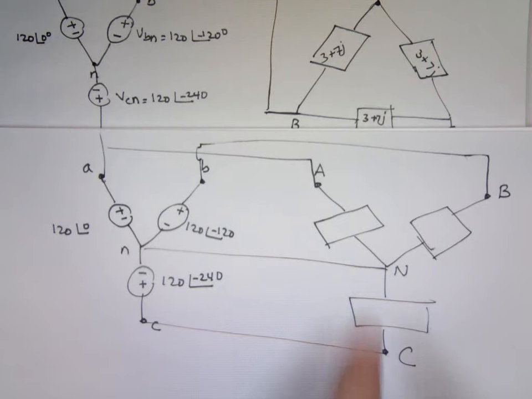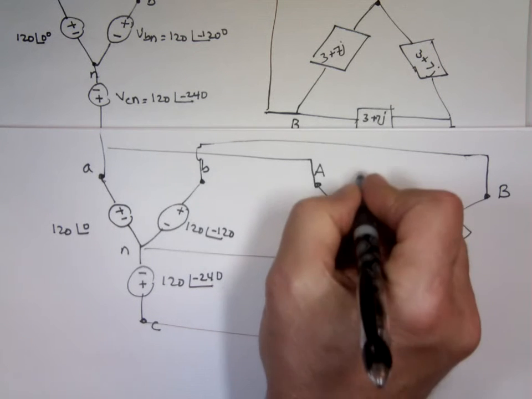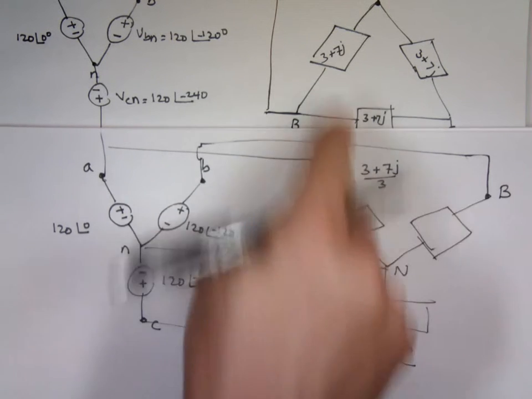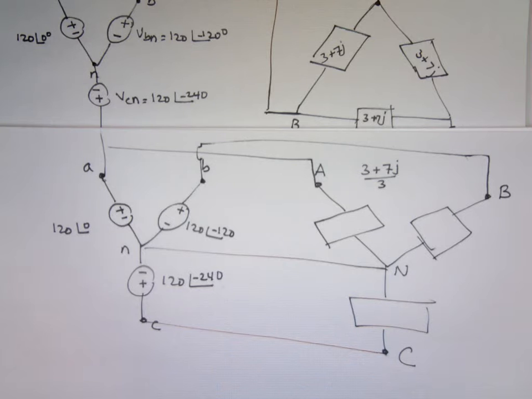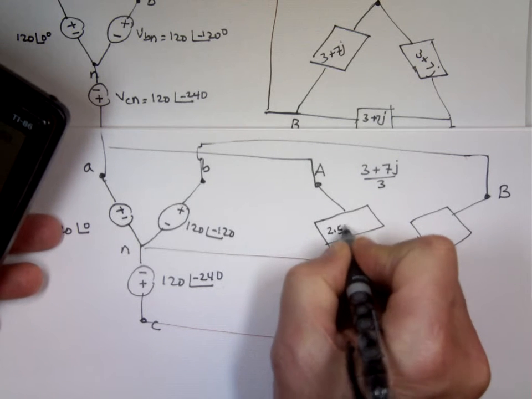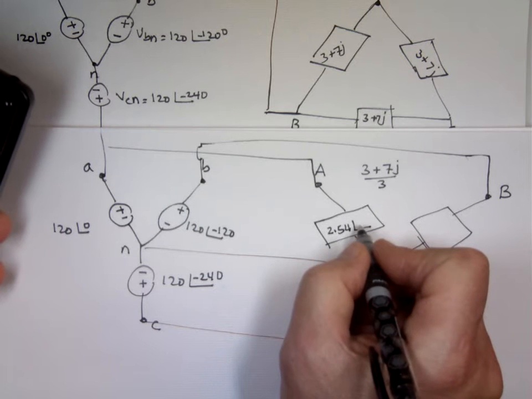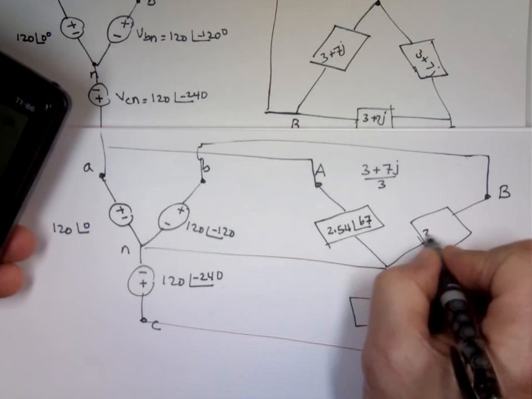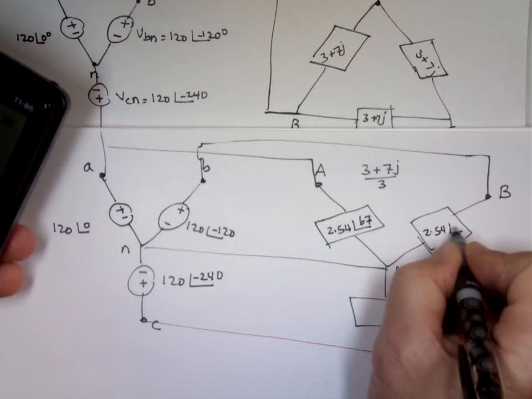And what's the value of this? It's going to be 3 plus 7j divided by 3. Whatever the delta value is, divided by 3. So let's divide that by 3. 3 comma 7 divided by 3, and the value of each one is 2.54 angle roughly 67 degrees. 2.54 angle 67 degrees.